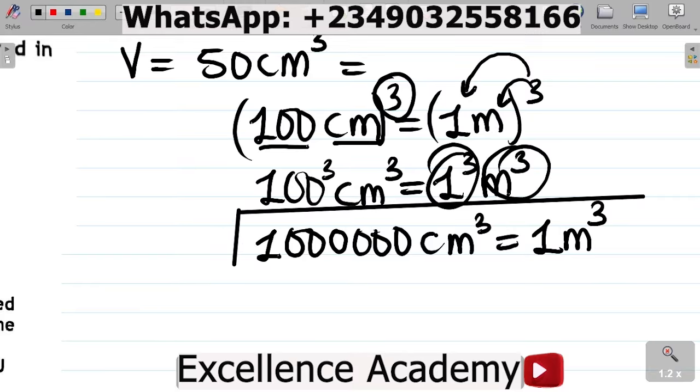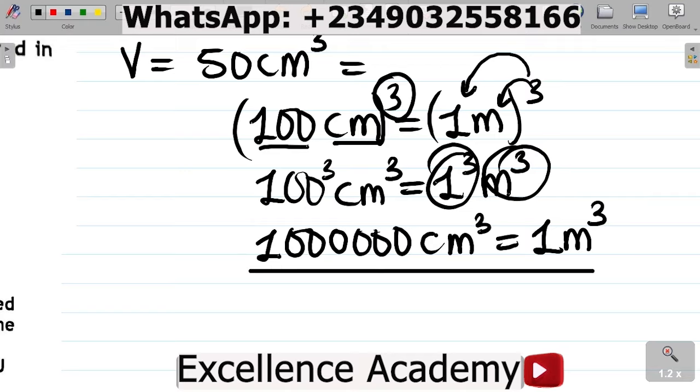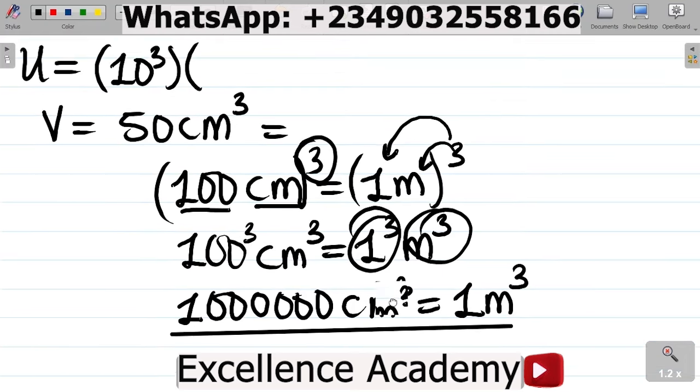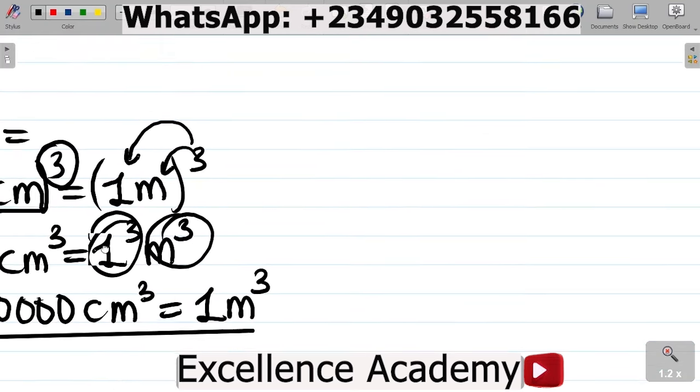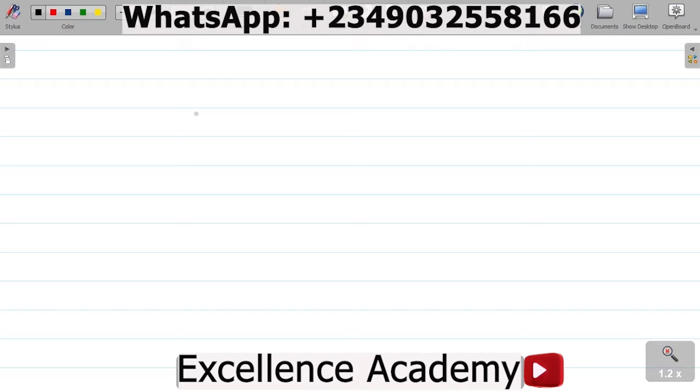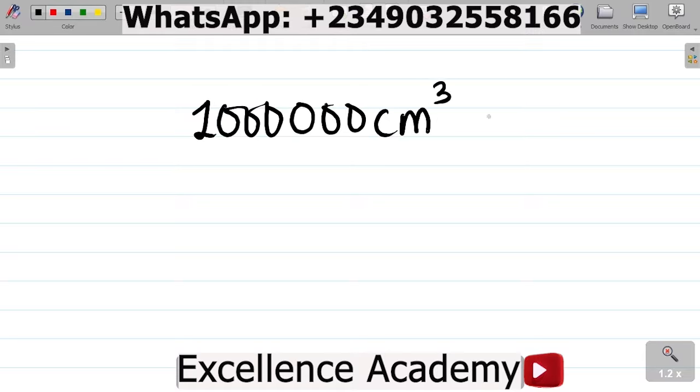You want to note this relationship here. That is the relationship between centimeter cube and meter cube. Now, after this, the next thing you want to do here is that we are asked to convert from cm cube. So how do we do that? We know that 1 million centimeter cube is equal to 1 meter cube.